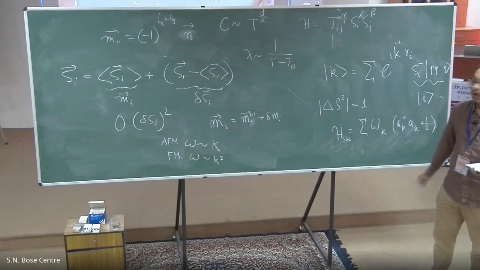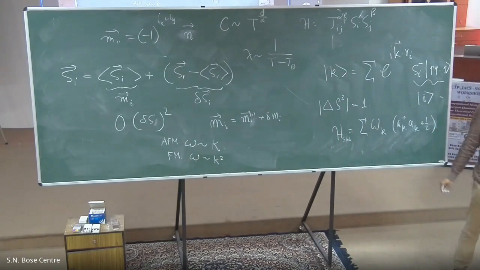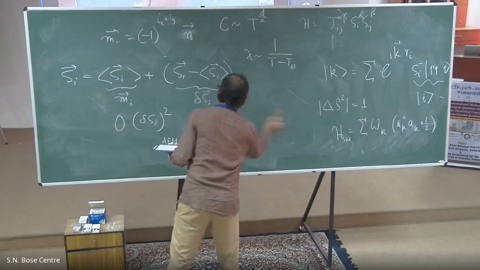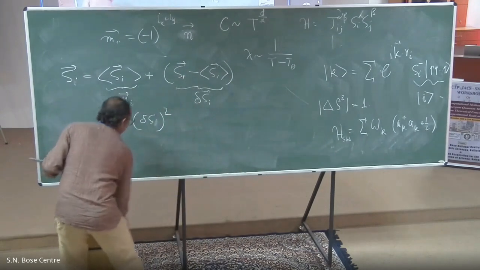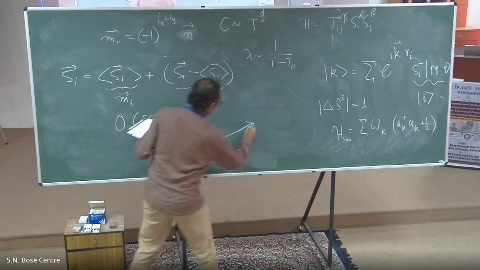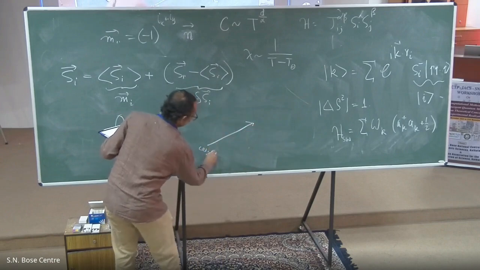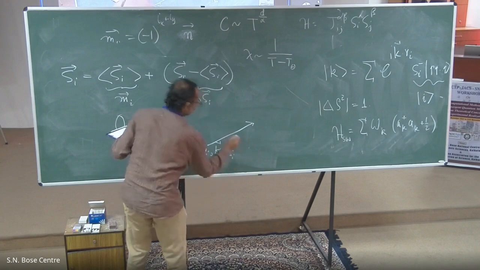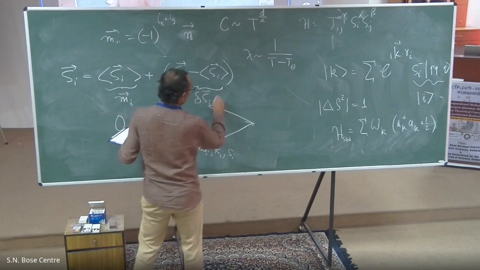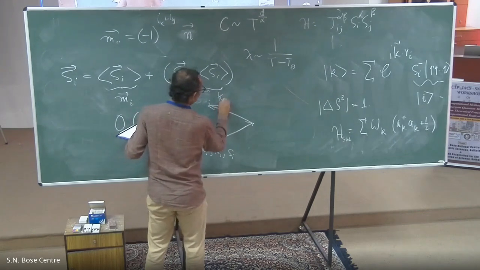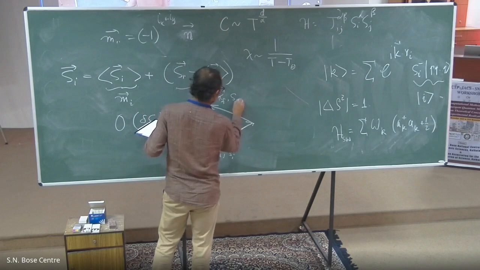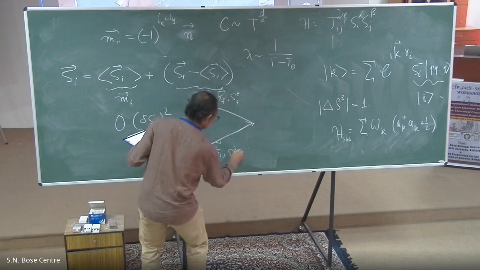Or you can do something more sophisticated: you can do a neutron scattering experiment. Since the neutron is a spin half object, it comes in with some omega_i, k_i and spin s_i, and goes out with k_f, omega_f and s_z.